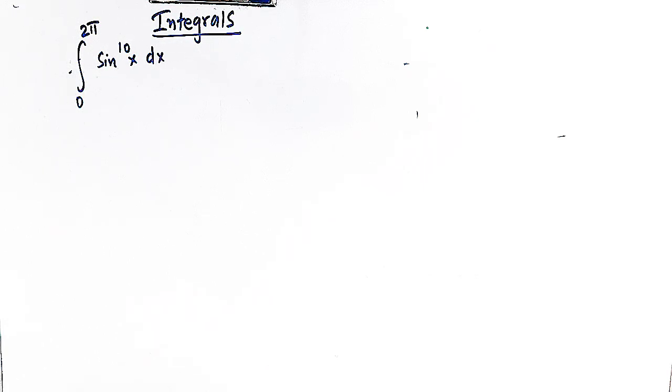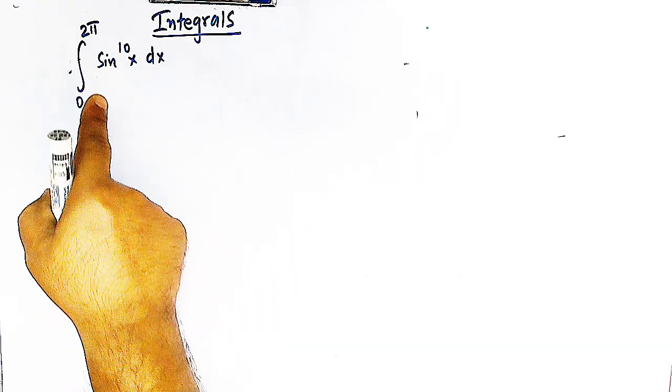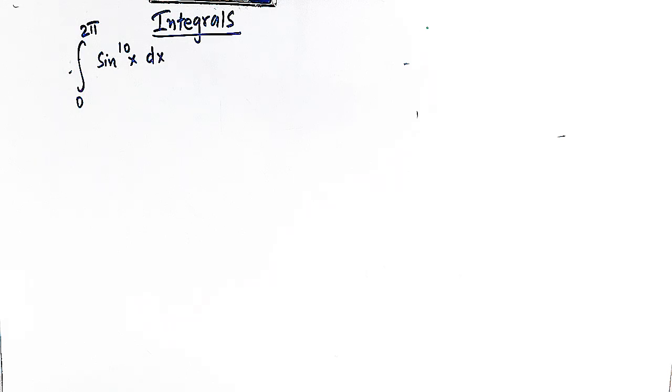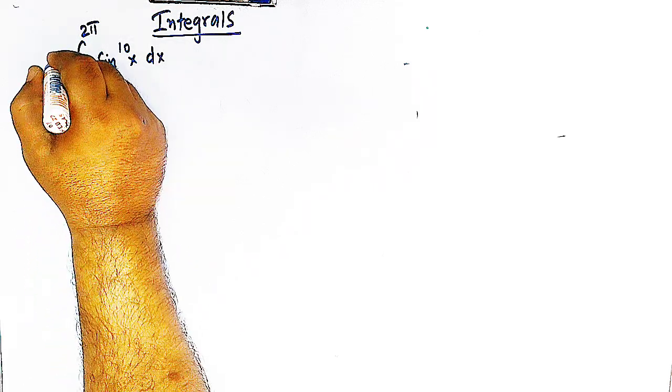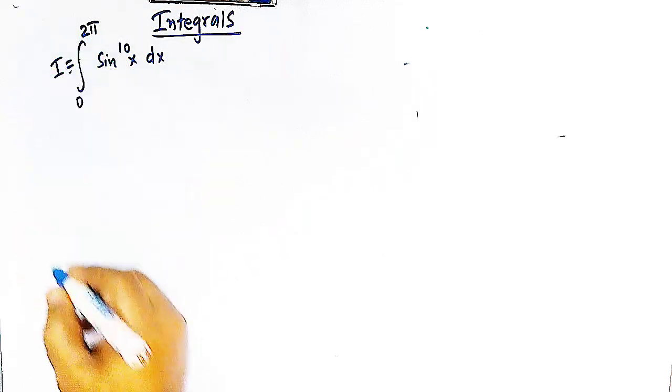So let us apply the properties of definite integrals to this one, and then we'll apply the concept of beta and gamma functions, right? So let us first call this integral as I, right?